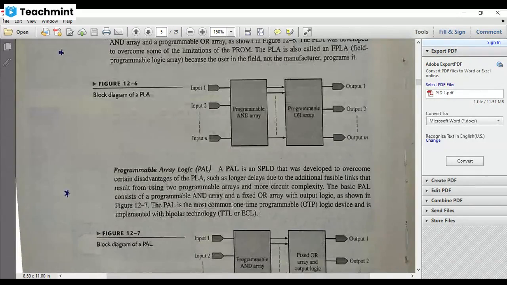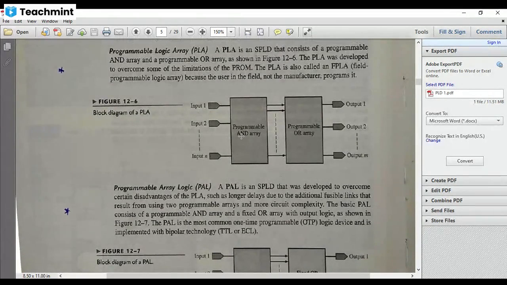Now the third one is the programmable array logic. Here there are certain limitations. Which are the limitations? In a programmable logic array, both the arrays are programmable, and as both arrays are programmable, we require a complex circuit to program them.